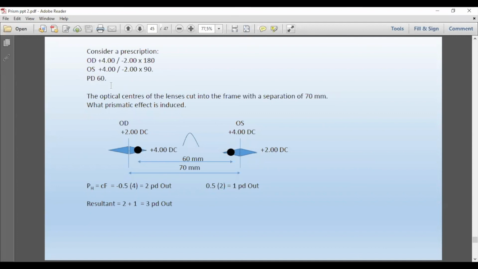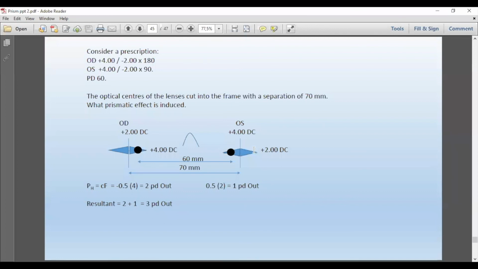Now you send it to the lab and you find that the optical centers of the lenses are cut in at 70. So you are 10 millimeters out. What's the prismatic effect? Now we draw a power cross. You've got +2 in the vertical and +4 along the horizontal. And over here, I've got 4 in the vertical and 2 along the horizontal.